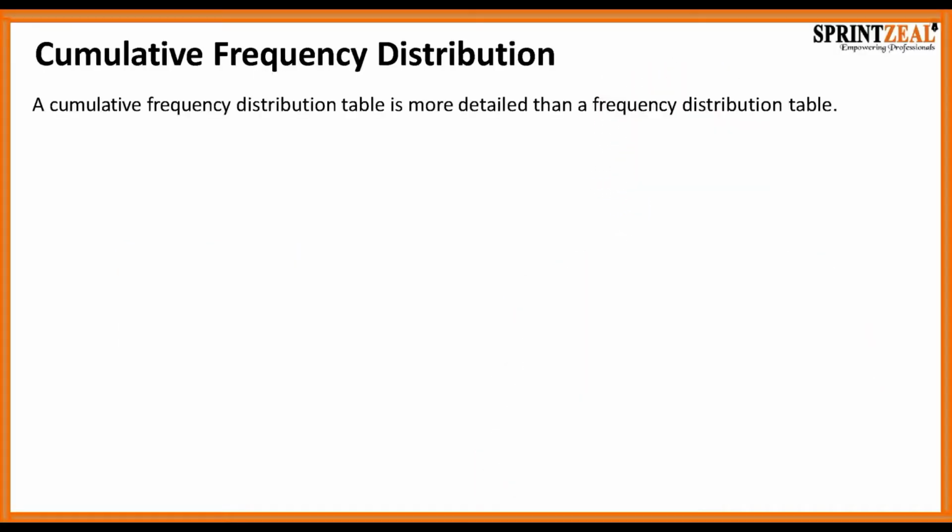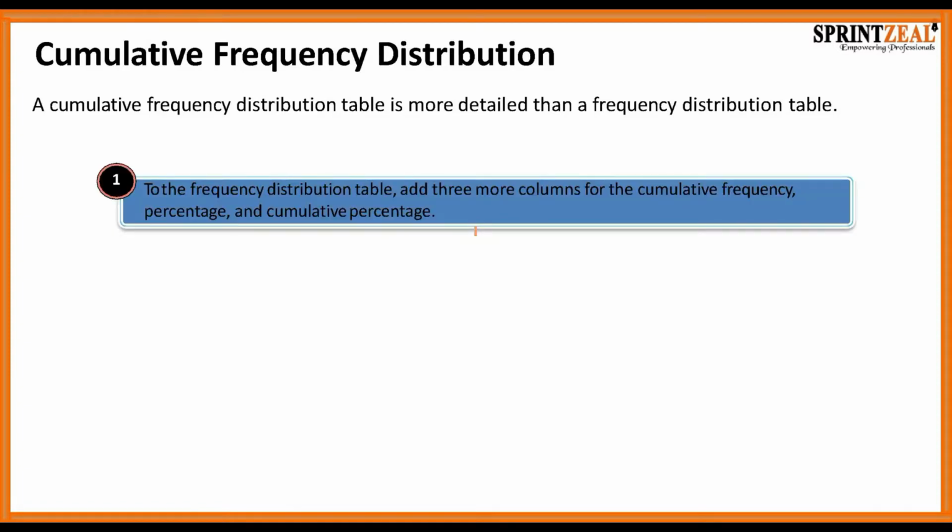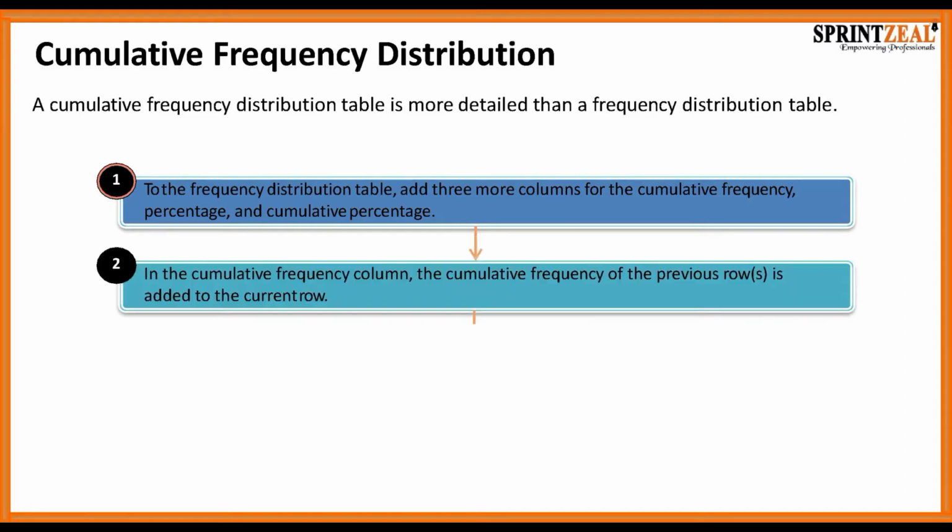So a cumulative frequency distribution table is more detailed than a frequency distribution table. First step is to add 3 more columns to the frequency distribution table for the cumulative frequency, percentage, and the cumulative percentage. Step 2 is in the cumulative frequency column, the cumulative frequency of the previous rows is added to the current row.